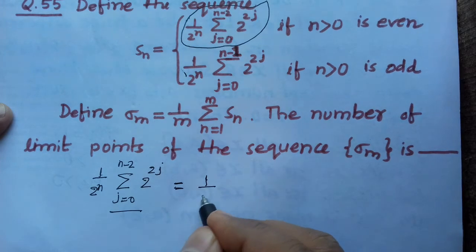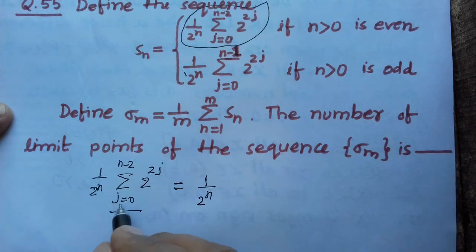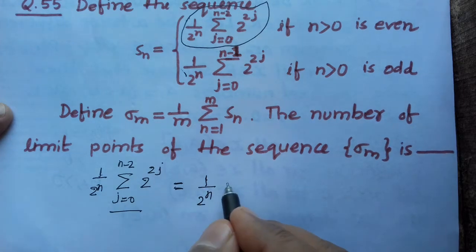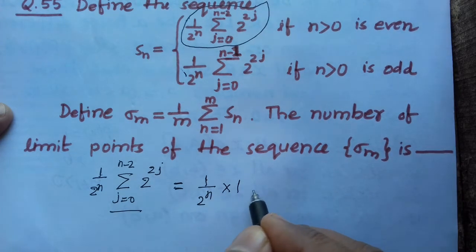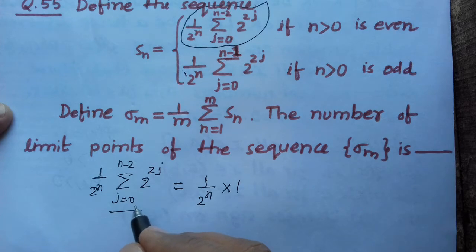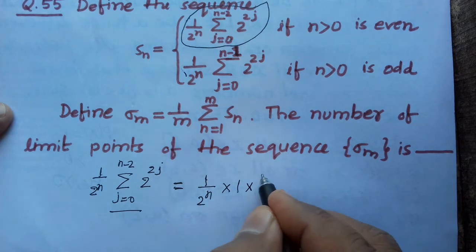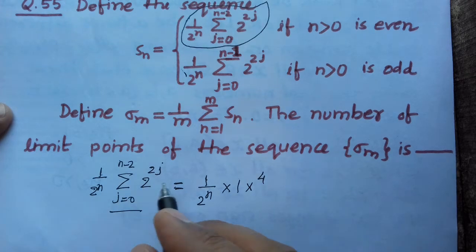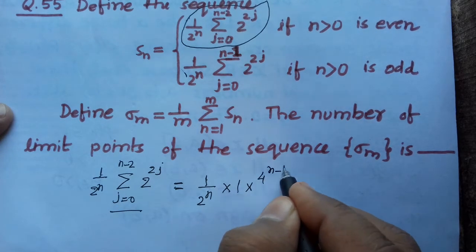So this will be 1 by 2^n, and the first term, if you put j equals 0, is going to be 1. So the first term is 1, and the common ratio is 4. The number of terms, if you observe 0 to n minus 2, is n minus 1.